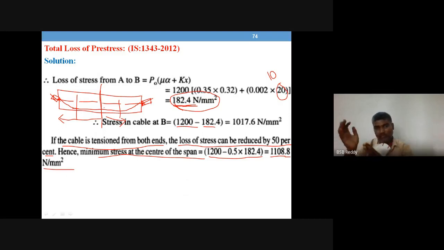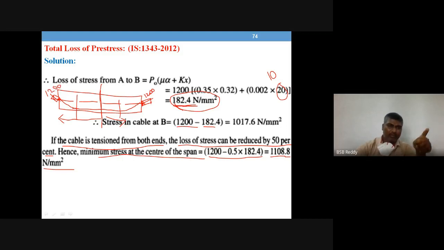The other half will participate in the other jack's phenomena. So only half of the length will be effective. This is developing 1200, and this is also developing 1200.